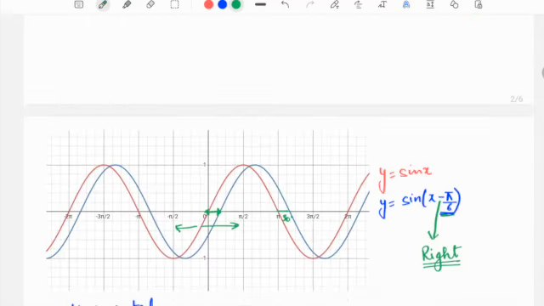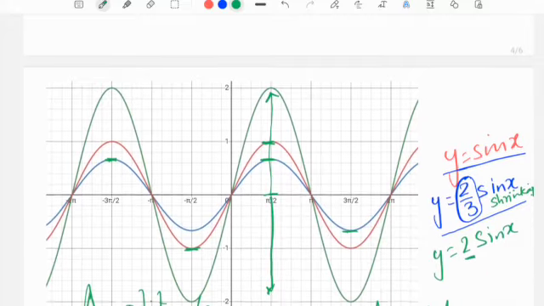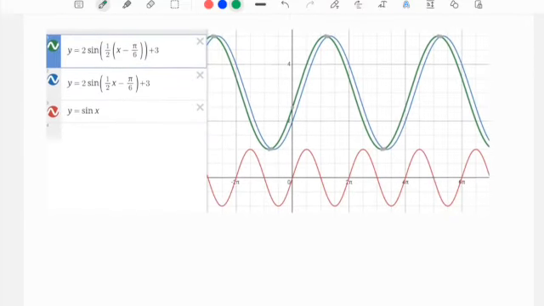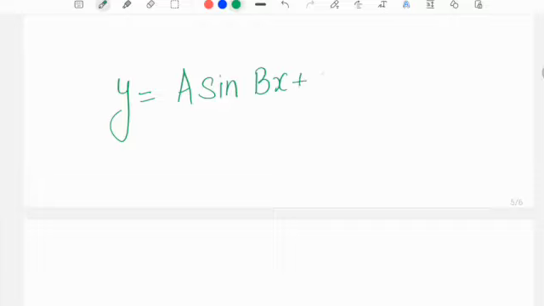Okay, all right, now let's put all this together in one equation. So now we have one equation: y equals a sine, then you have (bx plus c) in brackets, and then plus d.